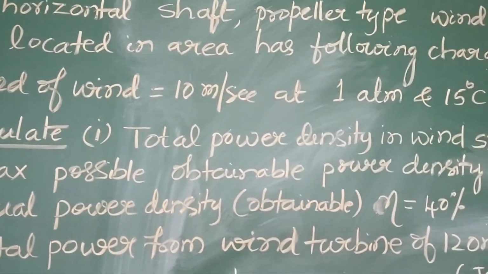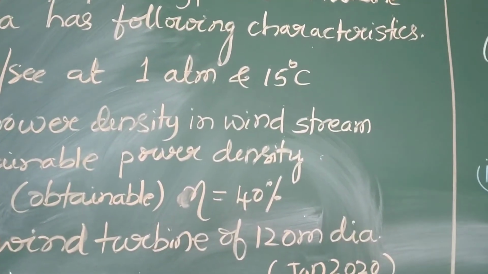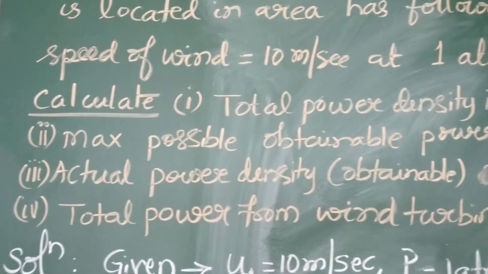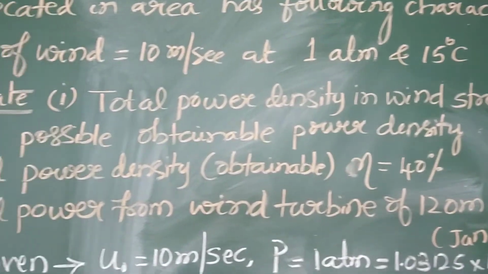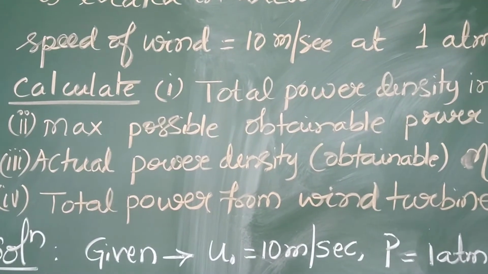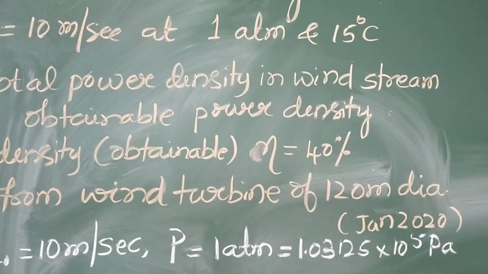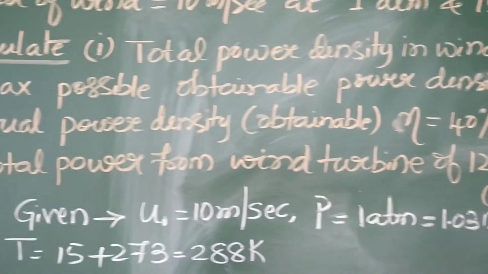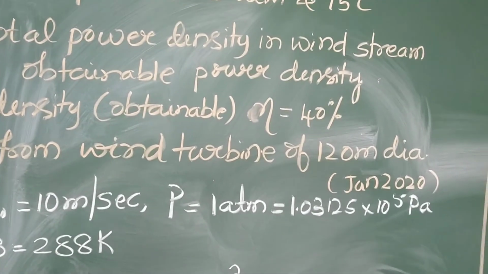Calculate number 1, total power density in wind stream in terms of watts per meter square. Second, maximum possible obtainable power density. And the third, actual power density obtainable, assuming an efficiency of 40%. Fourth, total power from a wind turbine of 120 meter diameter.